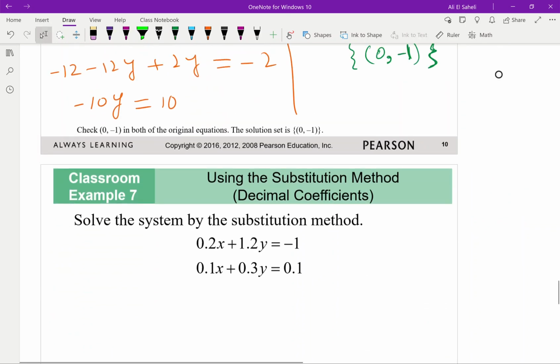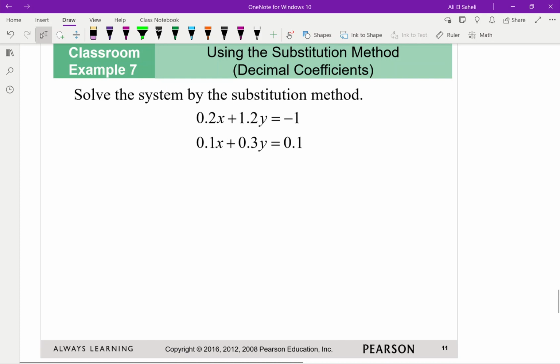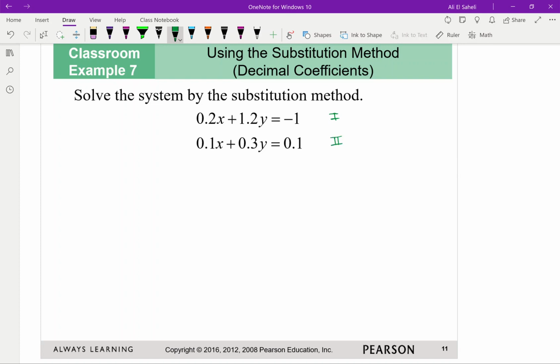Decimals, we do the same thing. We have one decimal. The maximum number of decimals is 1, so we multiply both equations by 10. This is equation 1. This is equation 2. Multiply both equations by 10, and by both equations, I mean the right side and the left side of the equations. So 10 times 0.2 is 2x. 10 times 1.2 is 12y.